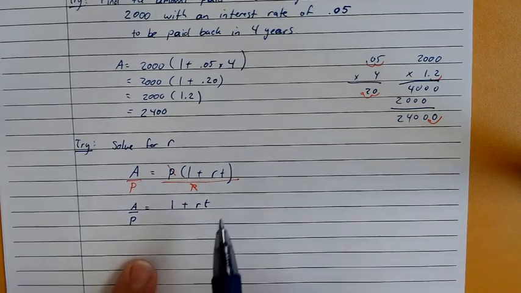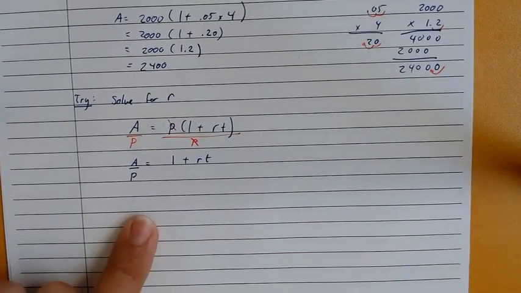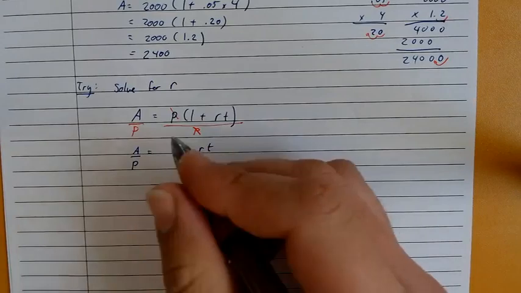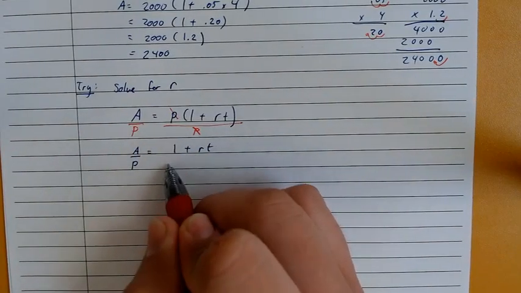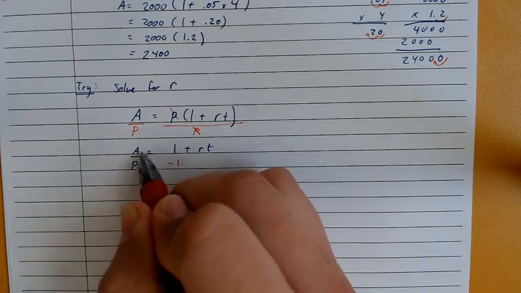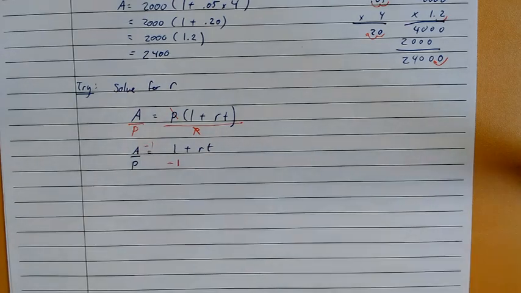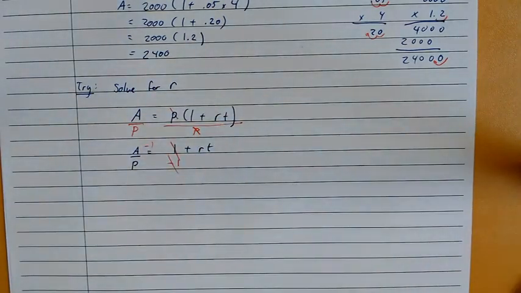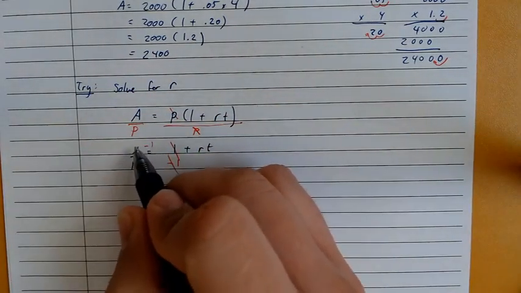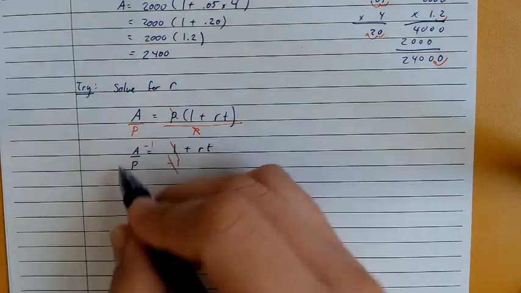Okay, so that's better because now your R is closer to being by itself, but we're not done yet. Here, let's get rid of the addition and subtraction. Subtract 1 from both sides. That makes this go away. 1 minus 1 is 0. That's all gone. Here, these are not like terms. This has variables, this doesn't. So you can't actually combine them.